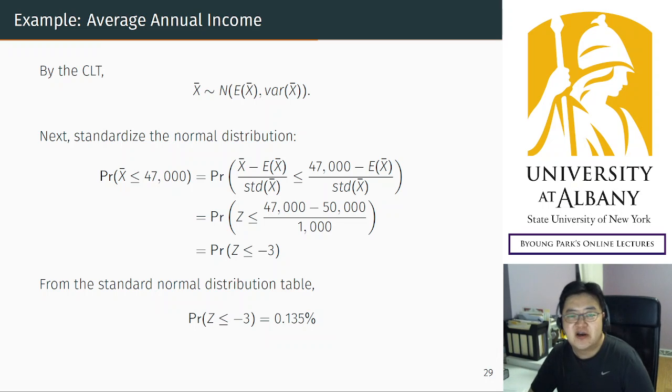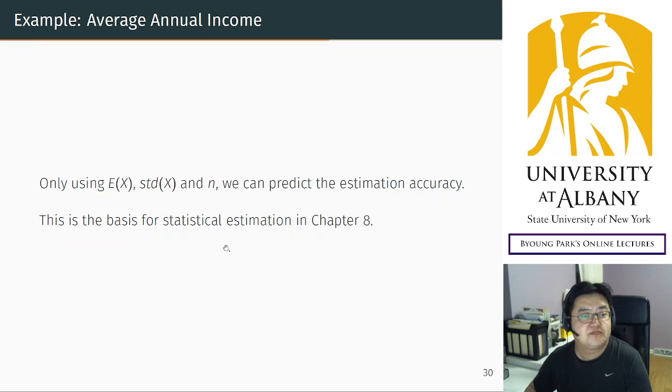This chapter is preliminary, for the main inference methods, so it's pretty important. As I said, only from the mean and the standard deviation we can predict the accuracy, and that's the basis for estimation in the following chapters.